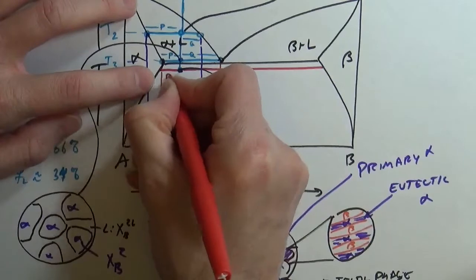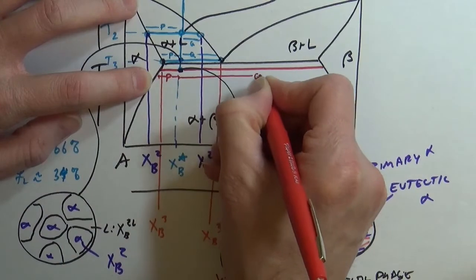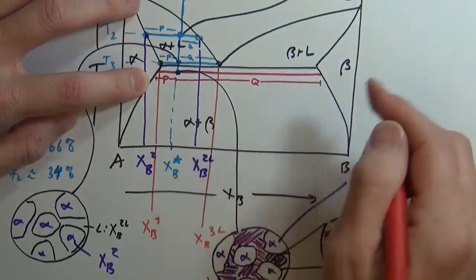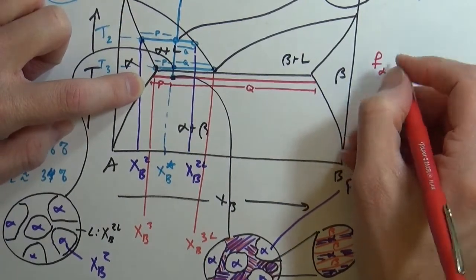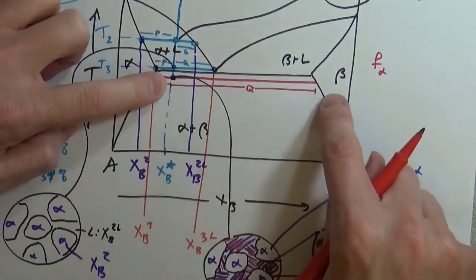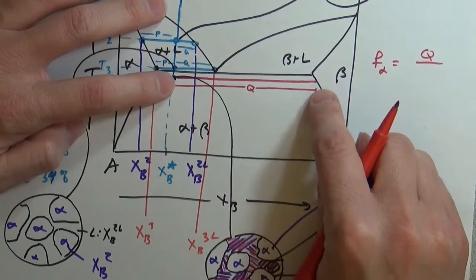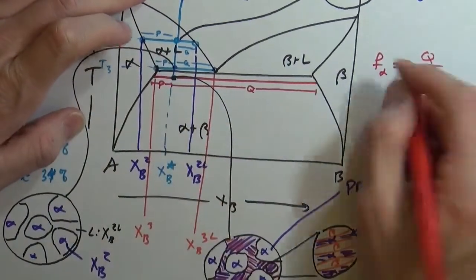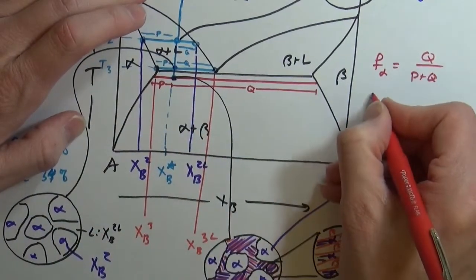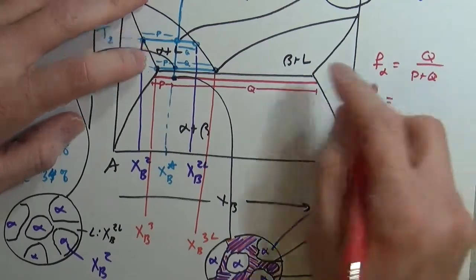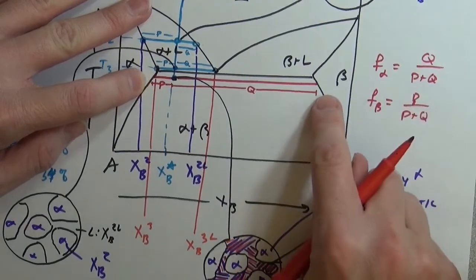If we define this to be P, and define this to be Q going across there, then the fraction of alpha, so alpha's on that side, must be Q, right, because it's the opposite of where the tie line touches the alpha phase, over P plus Q, and the fraction of beta then is P divided by P plus Q.